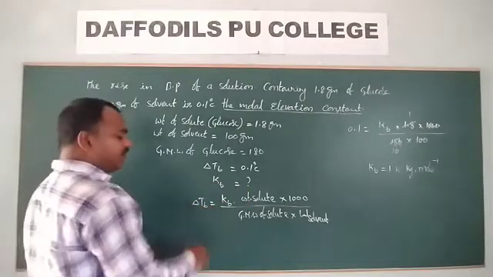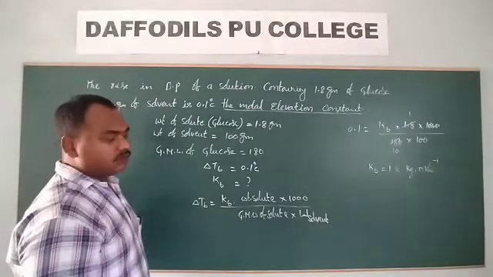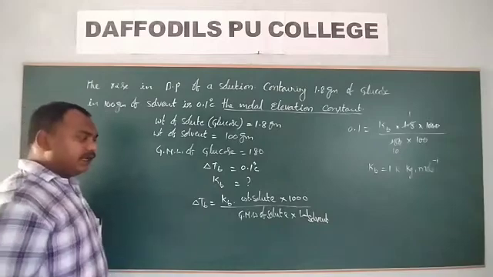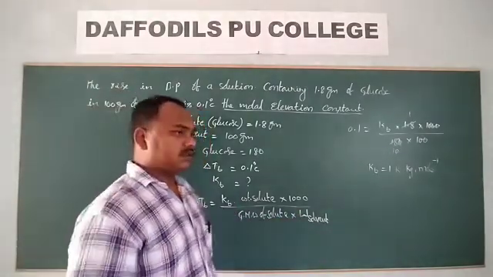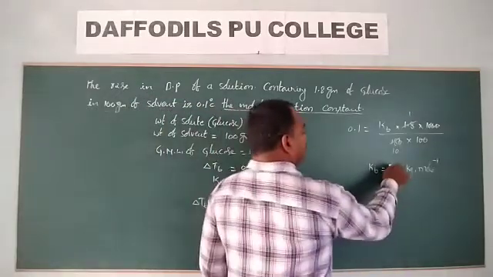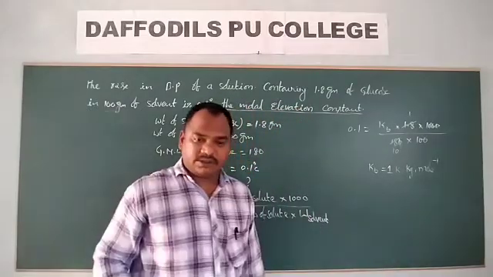You know the formula of delta Tb. Delta Tb is equal to Kb into weight of solute into 1000 by gram molecular weight of solute into weight of the solvent. On substitution we get this one. Kb is equal to 1 Kelvin kg mole inverse.